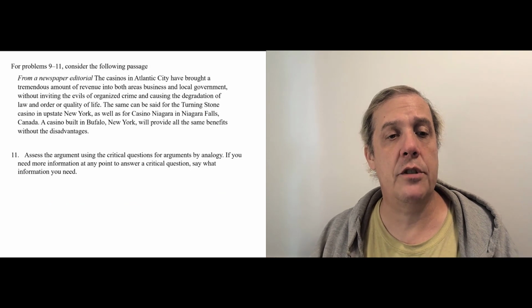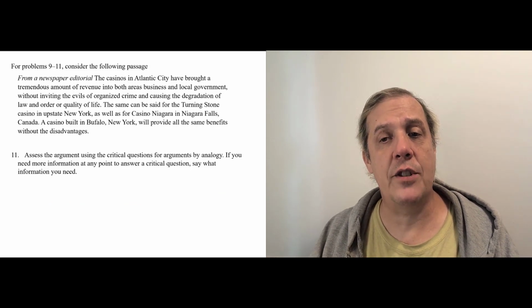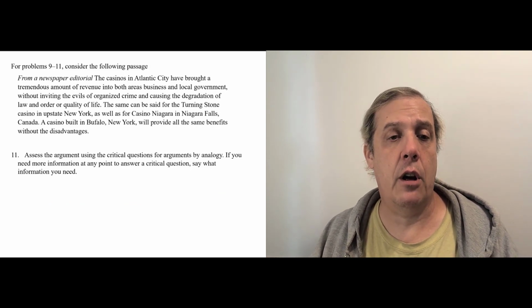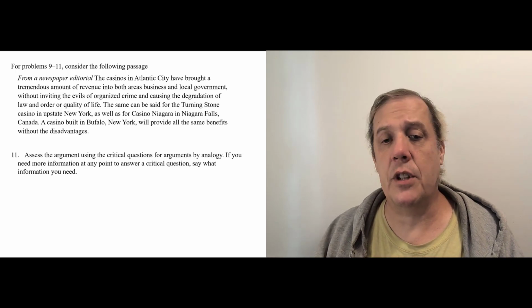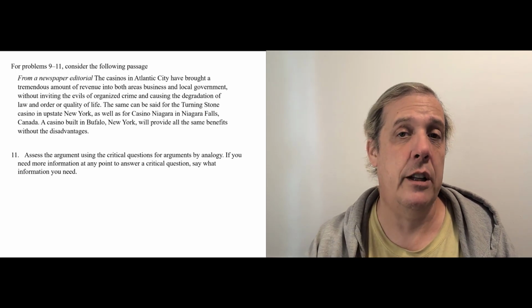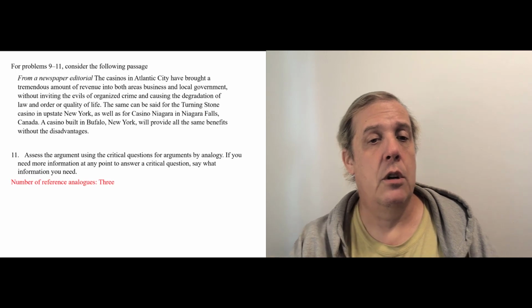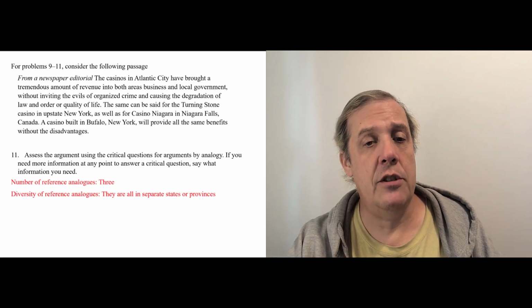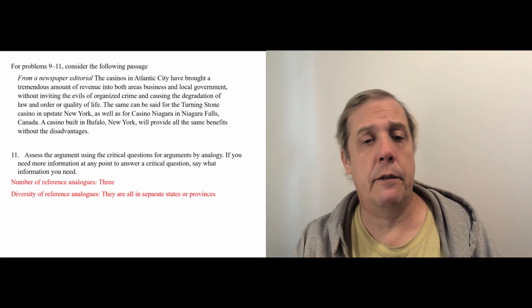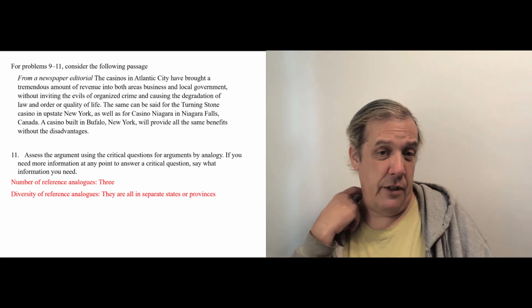And last up, we want to use our standard questions to evaluate the argument. And if there's missing information, say what information you might need. So there are 3 reference analogs, and they're pretty diverse. They're all in separate states or provinces.